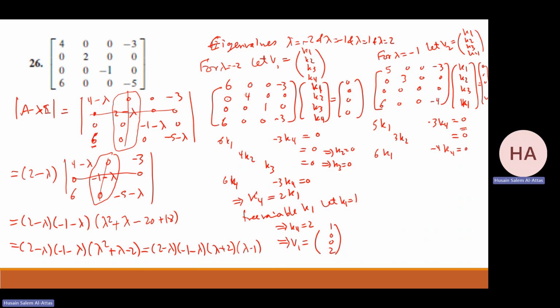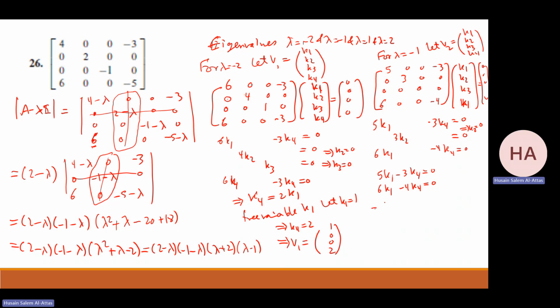From here I have k2 equals 0. I can solve these two equations. How to solve this? Multiply the first by minus 6 and the second by 5.